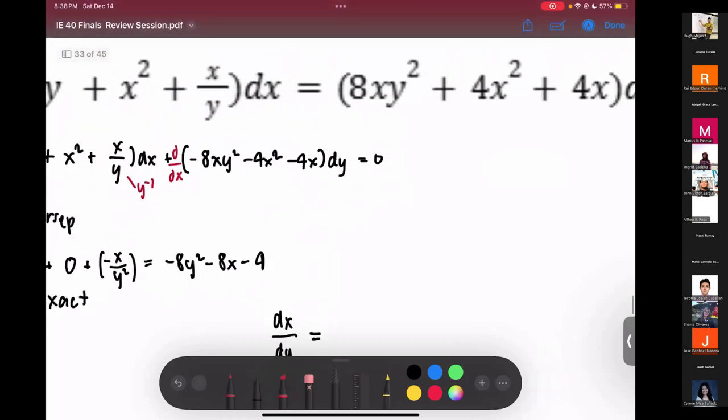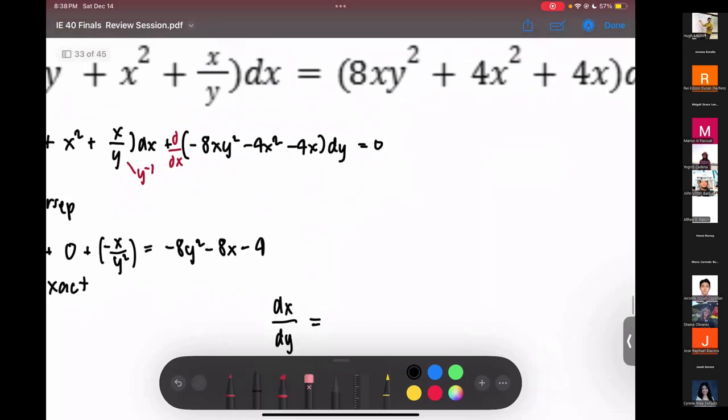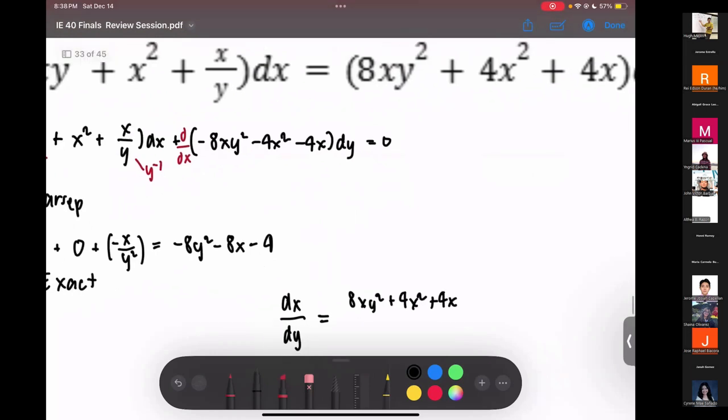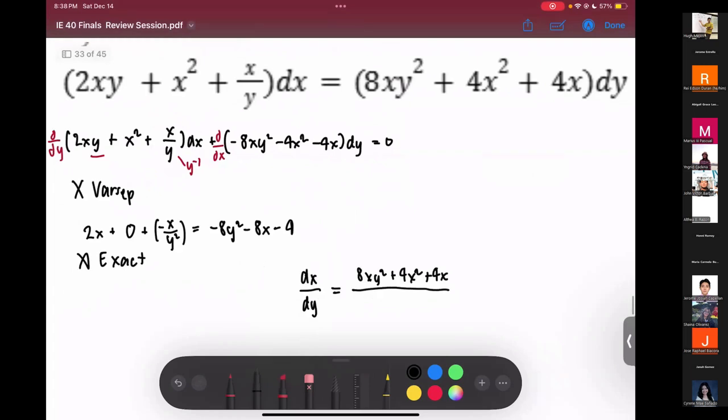Sorry. Yan. So just adding this all together is 4x over 2xy plus x squared plus x over y. Just in case that was a bit confusing, yung ginawa ko lang is, I brought this down sa kabila.